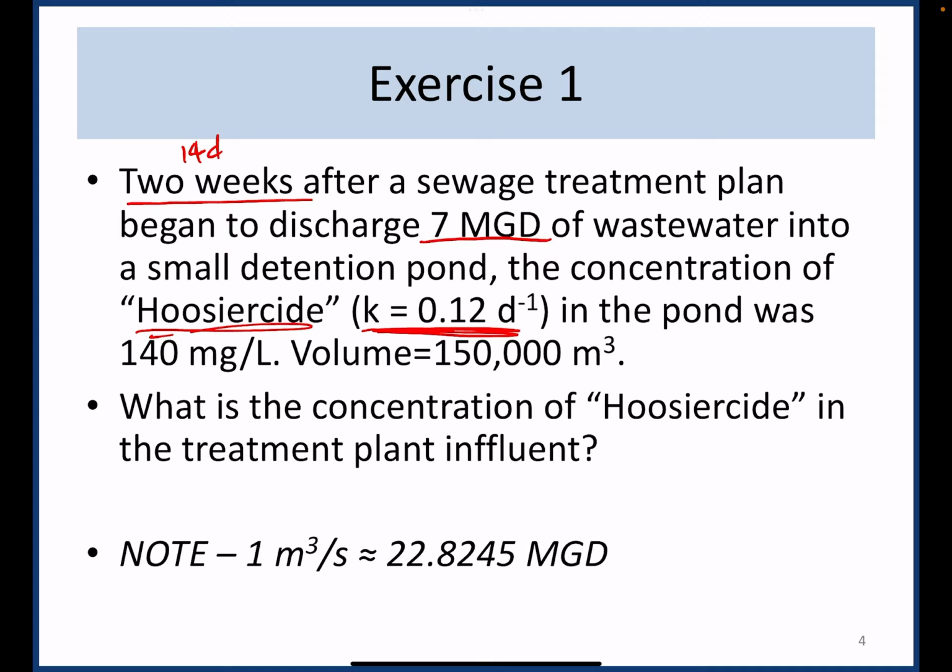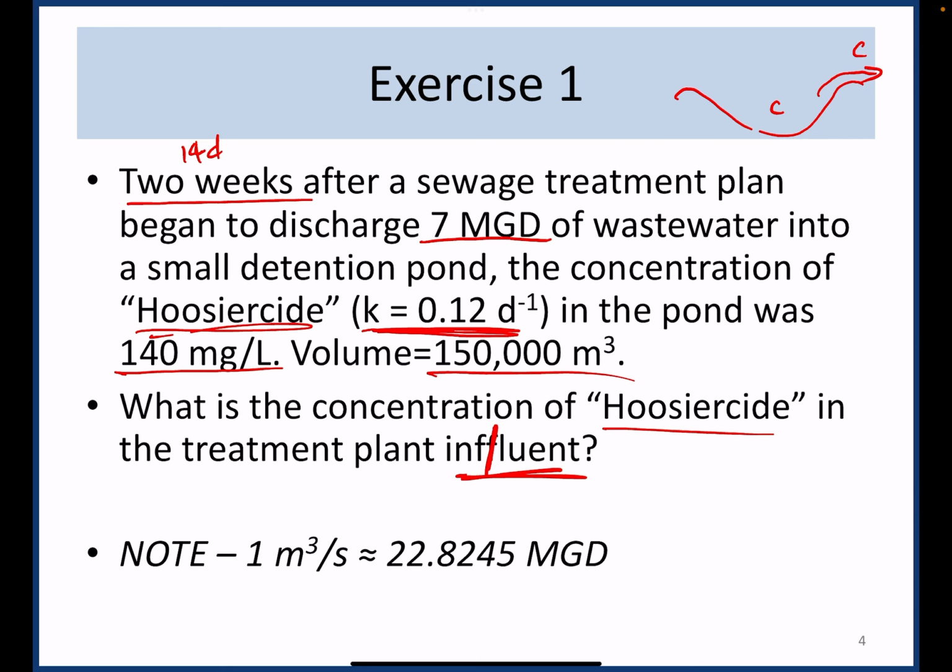The concentration in the pond, which is the same as the concentration outside the pond, is equal to 140 milligrams per liter. The volume is given as 150,000 cubic meters. What is the concentration of the herbicide in the treatment plant effluent? Well, there's a spelling error, there's another F here.